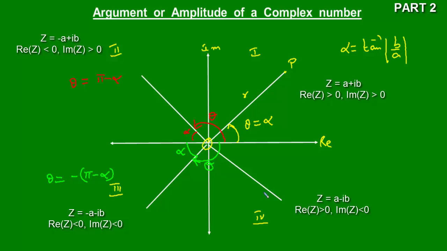And finally, if it lies in the fourth quadrant, then this angle is alpha and this angle is theta, but theta is measured in the opposite sense. Therefore, we have theta equal to negative alpha. So, this is how we find the argument of any complex number. Now, we shall do a problem.